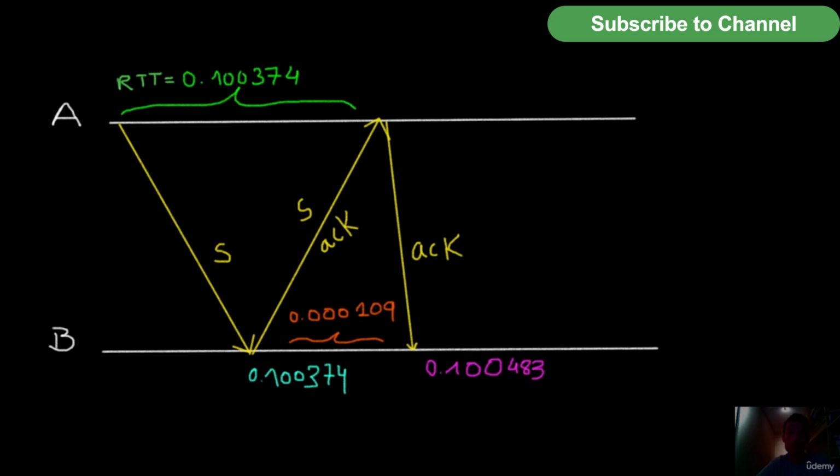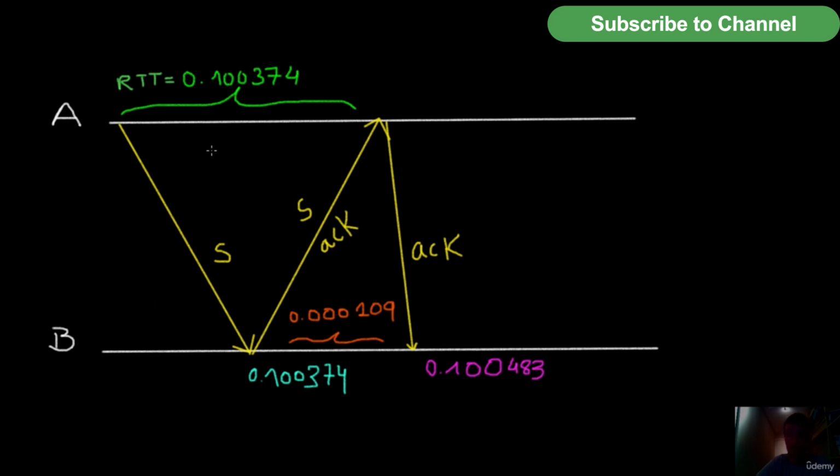And so, and this is why this is very important, if the capture was made in B instead of in the application A, then the bigger time will be between this synchronization acknowledgement and this acknowledgement. If we see that the last two segments have a bigger time than the first two ones, this means that we are making the capture in B, but this is not the case here.